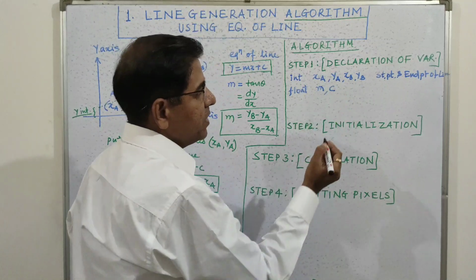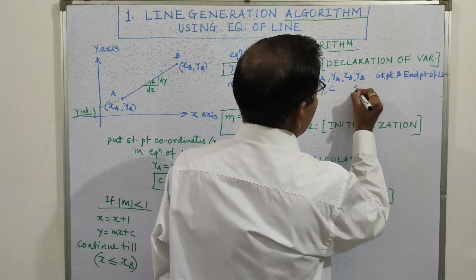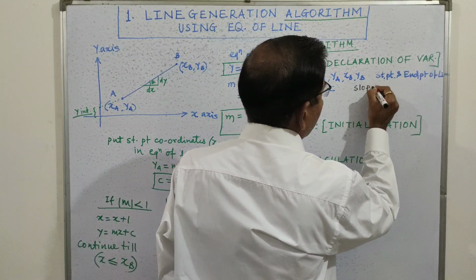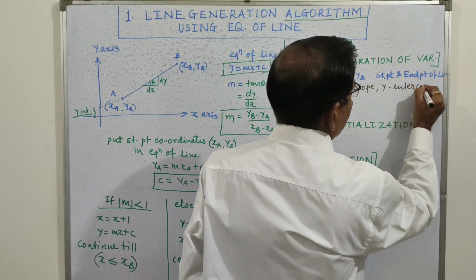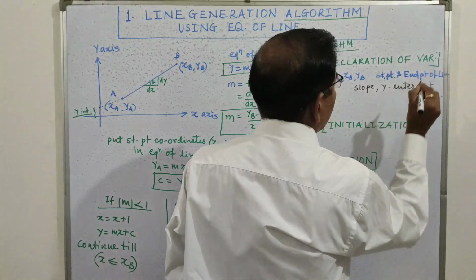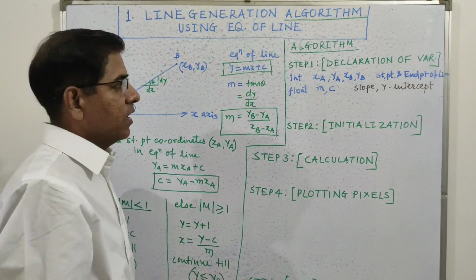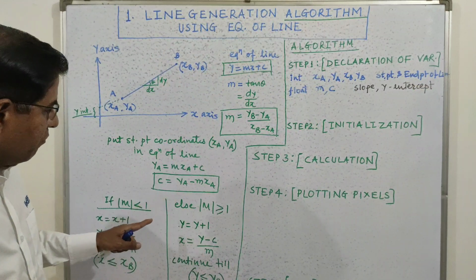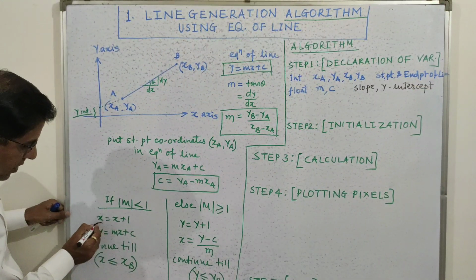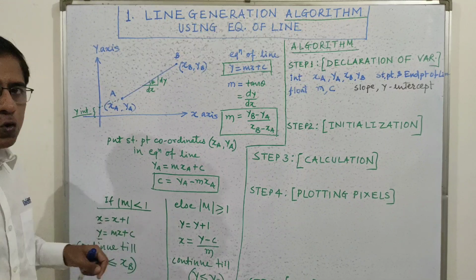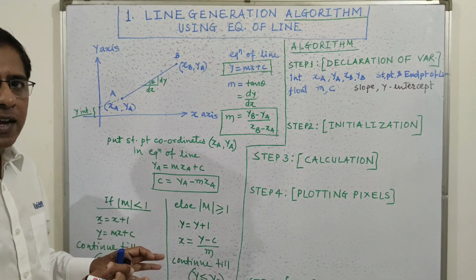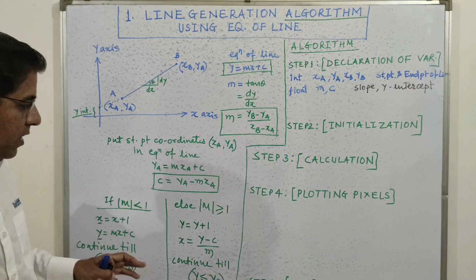And what is M and C? This is slope and y-intercept. Okay. Now apart from this, we have used x and y, to store the current value of x and the current value of y.